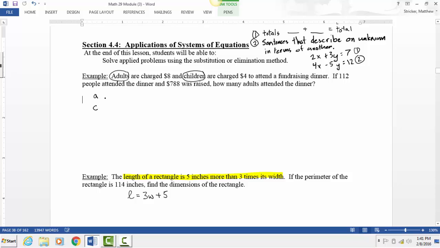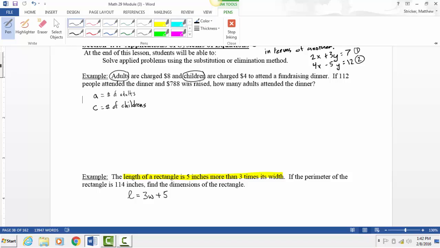Now if you're more comfortable using x and y, that's fine. But if we used A and C, A would be the number of adults, and then C would be the number of children. And so our 2 equations will involve those 2 variables. Now, what kind of information is given? Let's look for totals first.